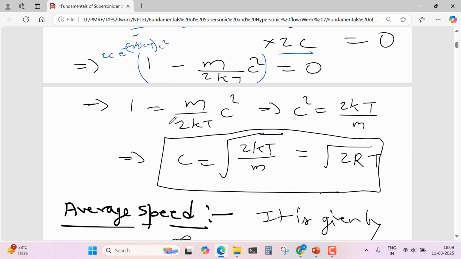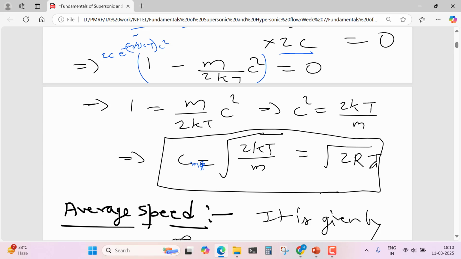This we can also write as 1 equal to m upon 2kT c square, so c square equals 2kT upon m, which gives c equal to the square root of 2kT upon m. This c is c most probable.